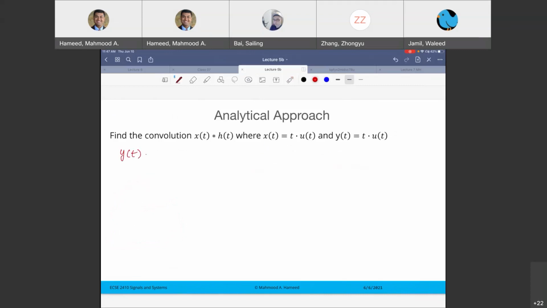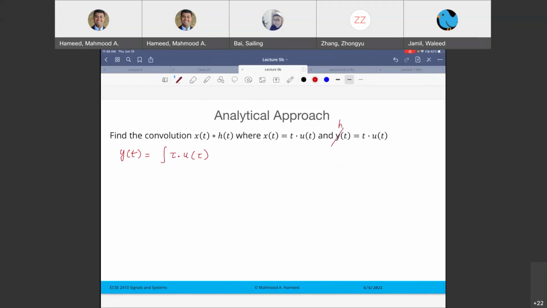y of t equals the integration of x of tau. What is x of tau? Tau, u of tau. That is x of tau. h of t minus tau. Oh, hold up.